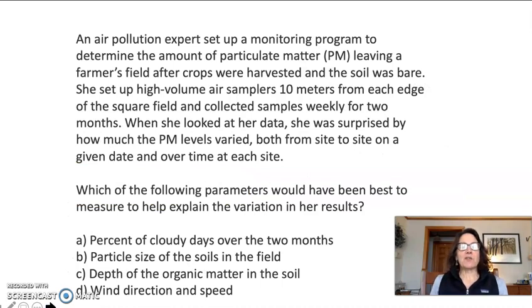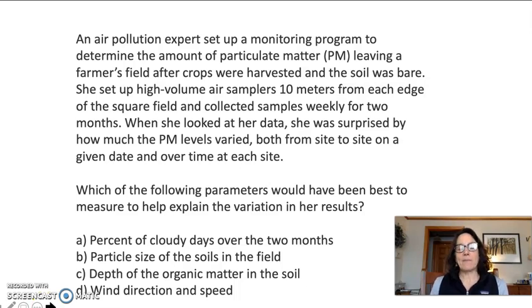Air pollution experts set up a monitoring program to determine the amount of particulate matter leaving a farmer's field after crops were harvested and the soil was bare. She set up high volume air samplers 10 meters from each edge of a square field and collected samples weekly for 2 months. When she looked at the data, she was surprised by how much particulate levels varied, both from the bare field to the other field that hadn't been harvested. She was surprised by variation from site to site as well as over a period of time.